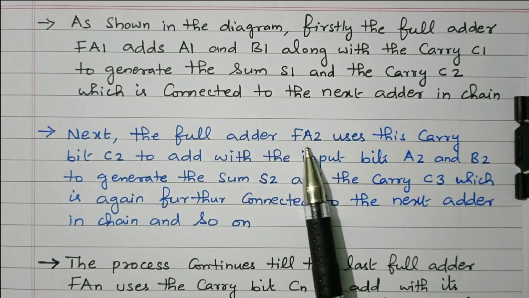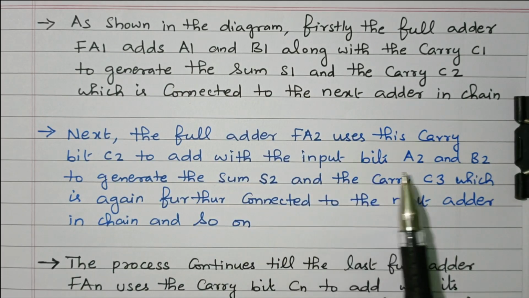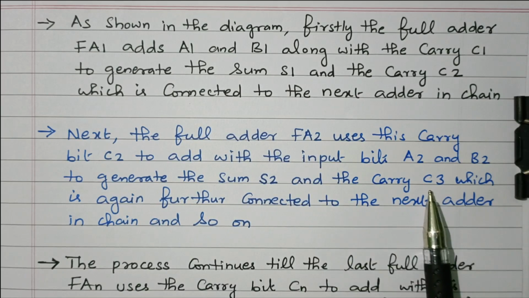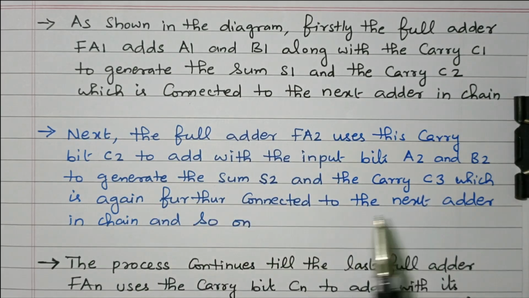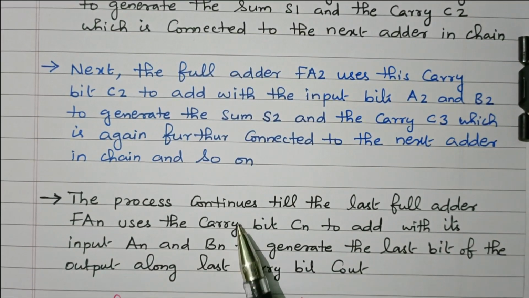Next, the full adder FA2 uses this carry bit C2 to add with the inputs A2 and B2 to generate the sum S2 and carry C3, which is again connected to the next adder, and so on. So this carry is forwarded. The process continues till the last full adder FAn uses the carry bit to add with the inputs An and Bn to generate the last bit of the output along with the carry bit Cout. Finally, it will generate the Cout.